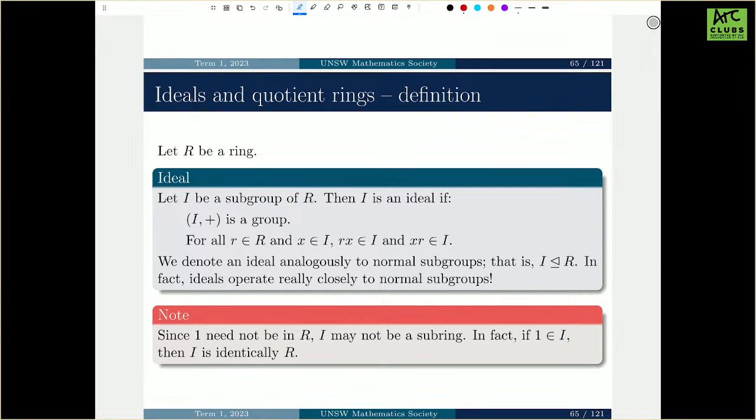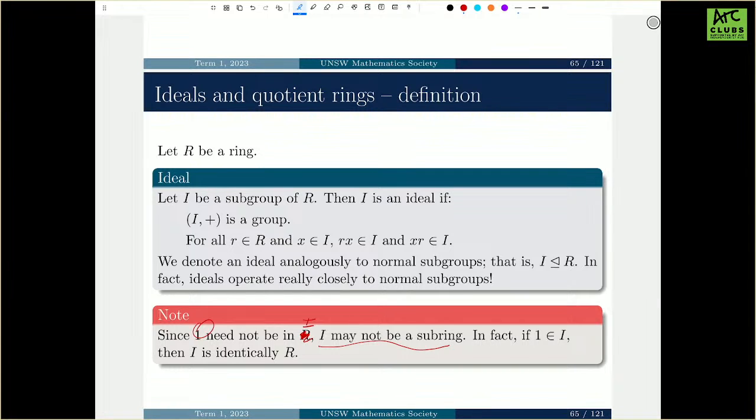Oh yeah, note that 1 does not need to be in I. And so I may not be a subring. We didn't introduce subrings, but subrings have to contain the multiplicative identity, the additive identity, and be a ring, and they have to be a subset.